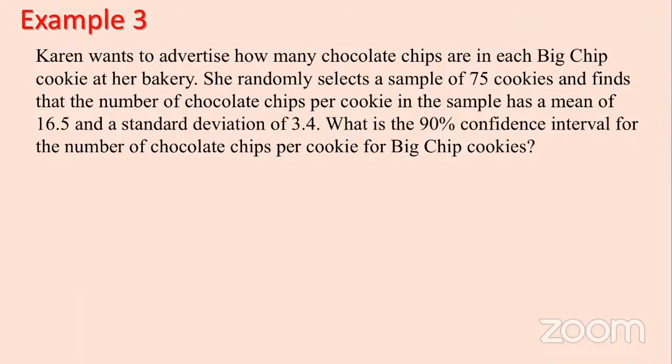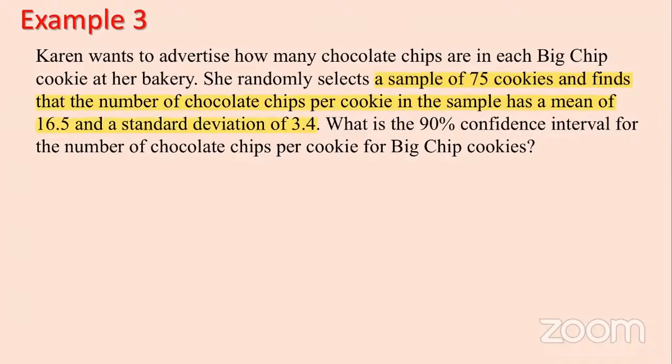If you look at that sentence carefully, you can see she randomly selects a sample of 75 cookies and finds that the number of chocolate chips per cookie in the sample has a mean of 16.5 and a standard deviation of 3.5.